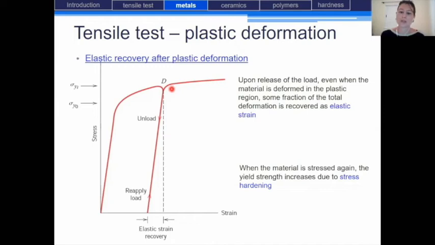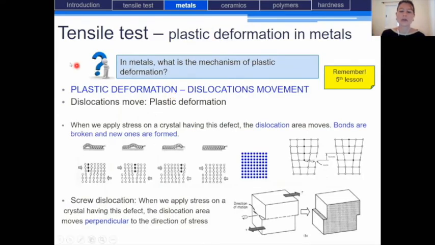So let's explain what is strain hardening. If you remember, in lesson 5, we explained that there is a specific mechanism of plastic deformation in metals, which is due to the dislocation movement. So we explained that we have linear defects called dislocations that can move in the sample when we apply a load.